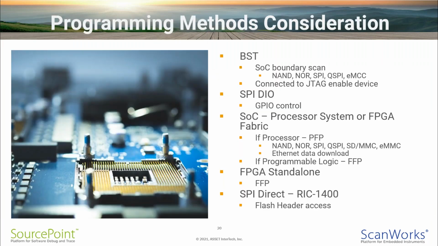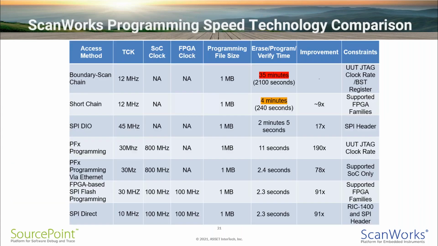Listed here is a gamut of slow to extremely fast programming options. It is, however, all driven by the board design, the image size, and the desired beat rate on the production floor. The best solution can only be determined by you, the customer. This chart is an example of what we have tested in development.